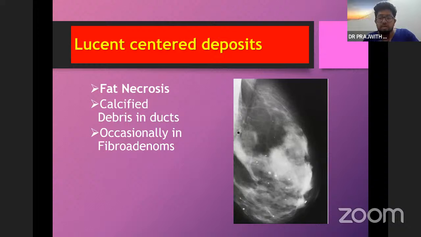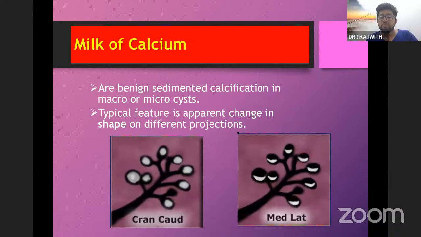Obvious big calcifications are benign. Again, fat necrosis is a common place where we see this central hypodensity with surrounding calcification, a lucent-centered deposit. This is again benign. And eggshell calcification is fluid surrounded by calcification. Milk of calcium, as I told, is the milk inside the duct and lobules.